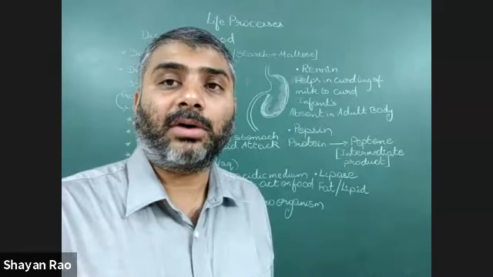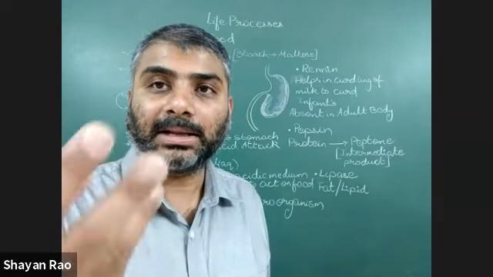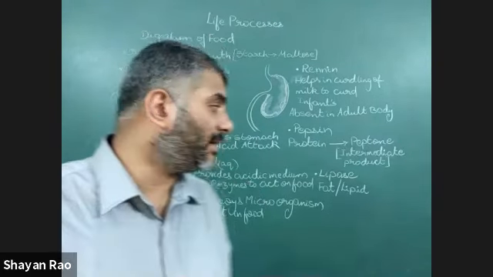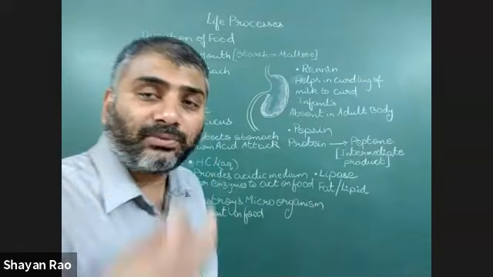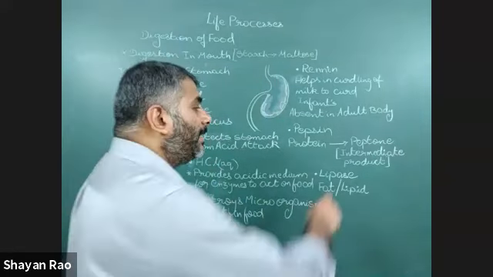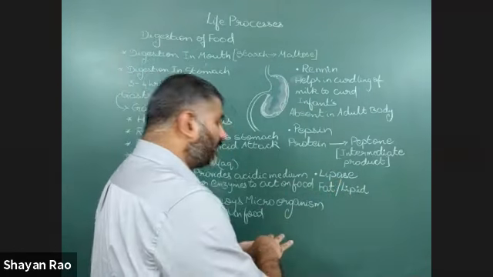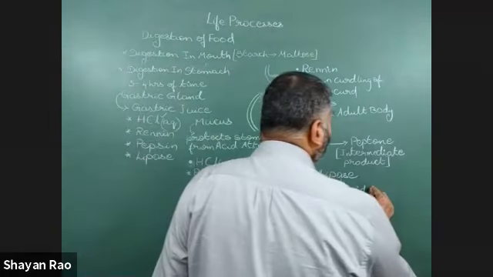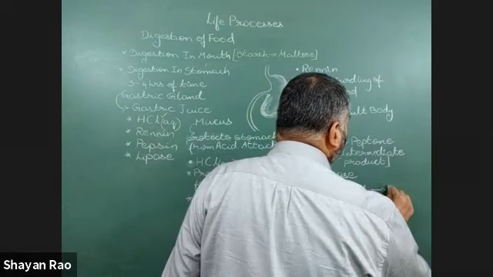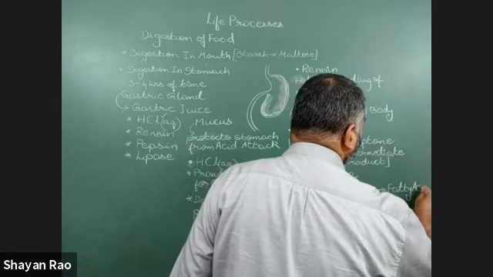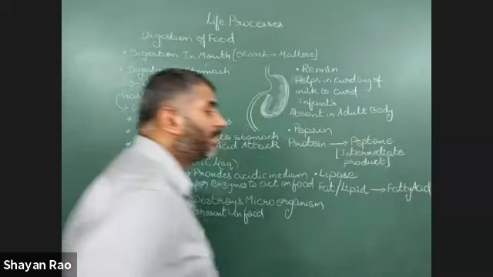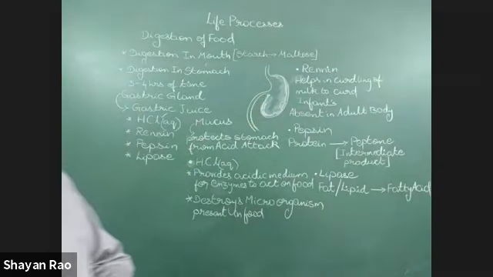Fats in the form of ghee, butter, cheese are all considered fats. When you consume that fat or lipid, lipase acts on it and the fat gets converted into fatty acid. This activity takes place in your stomach.